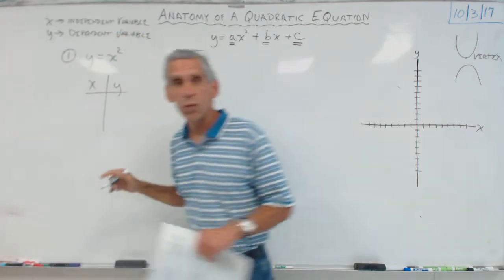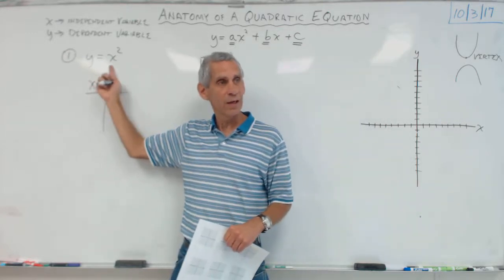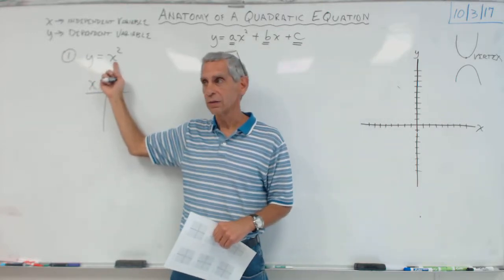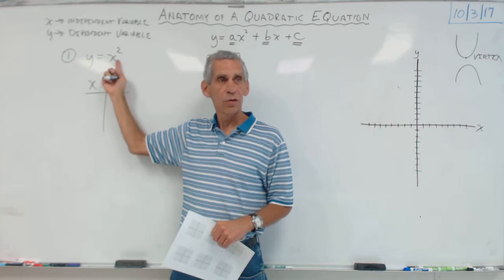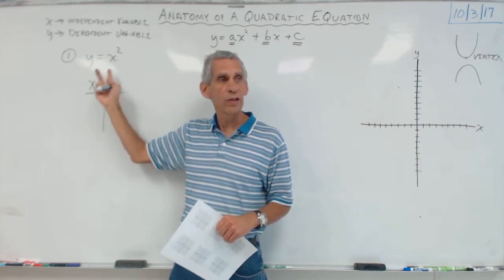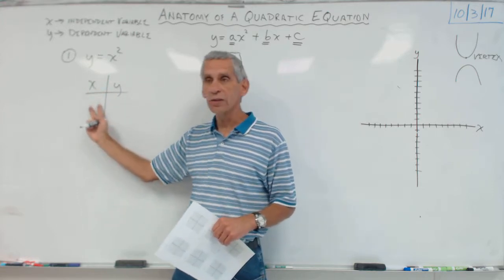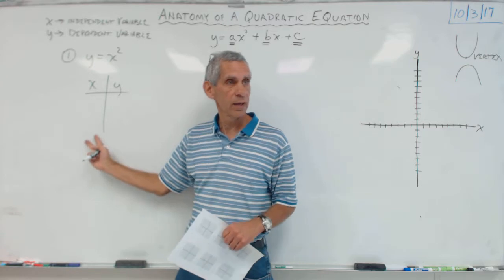What that means is Y is dependent on whatever you choose for X. X is the thing that you're always going to set values for. Does that make sense? You're always going to choose your X's.